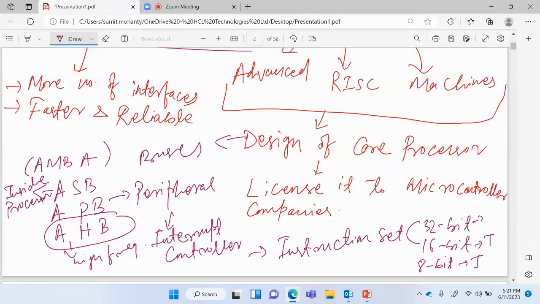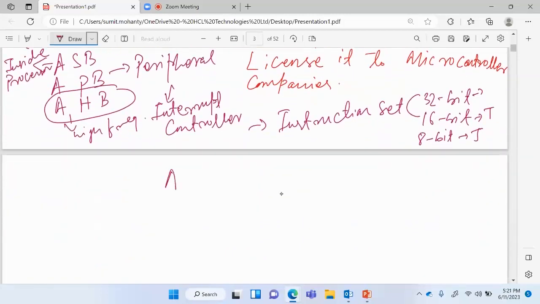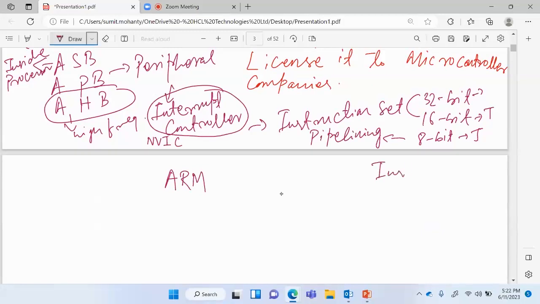Similarly, the interrupt controller which we will be using is called NVIC, nested vectored interrupt controller. It uses pipelining in the instruction set. What does pipelining mean? Let us say you have 9 instructions. Normally instructions go through 3 different phases: fetch, decode, and execute.